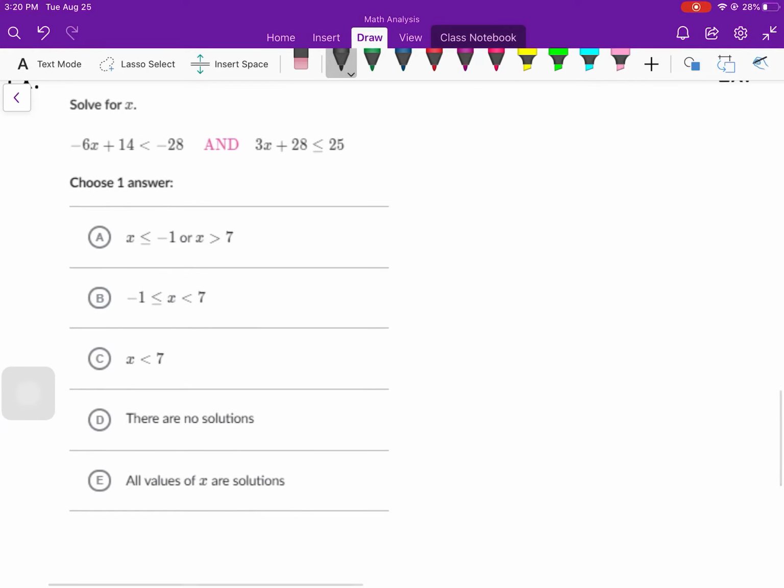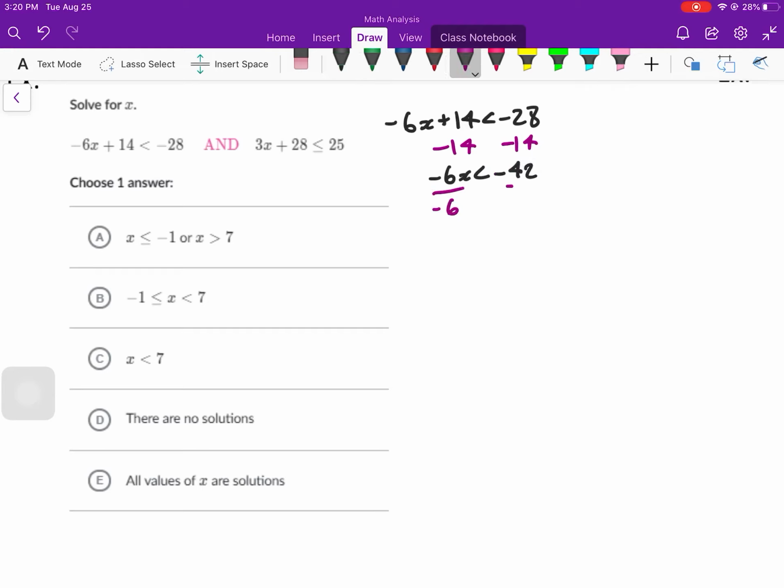Let's look at and. So remember with this one, maybe it'll make a little bit more sense because it has to satisfy both. So subtract 14. Divide by negative 6. So that flips the inequality sign.